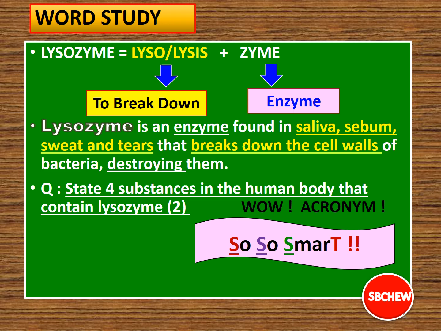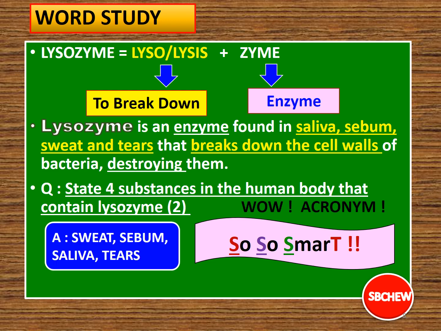SSST, the underlined words, stands for sweat, saliva, sebum, and T for tears. So smart. It's a funny acronym, but it works to help you remember 4 substances in the human body that contain lysosome. So the answer is sweat, sebum, saliva, and tears. So smart.